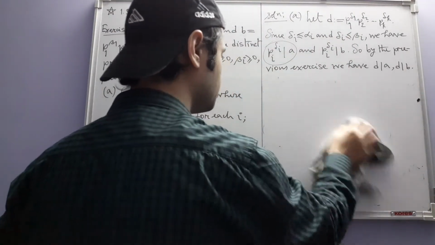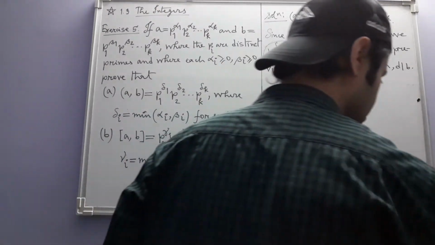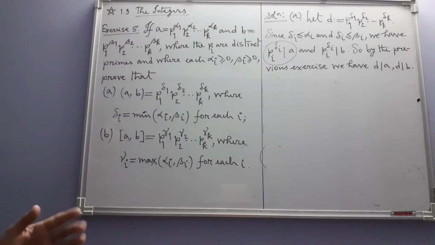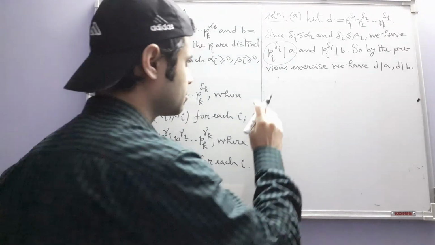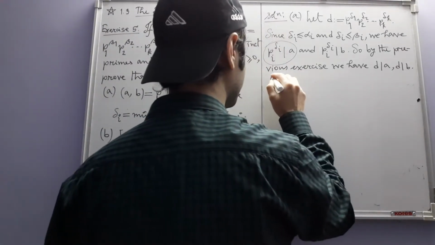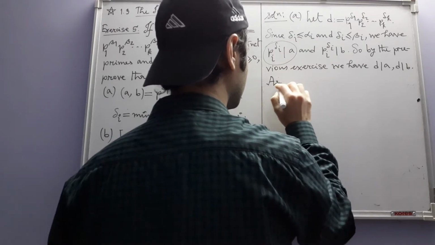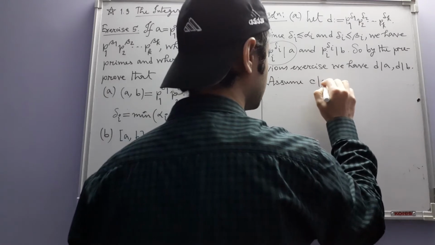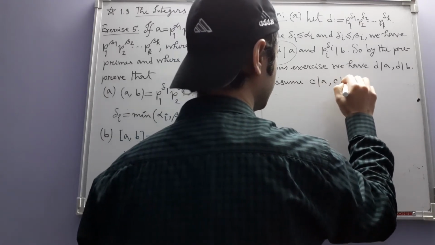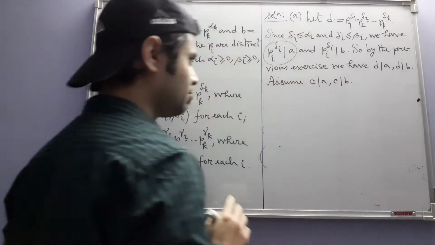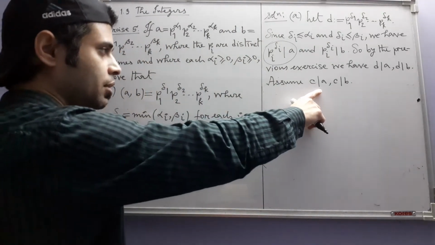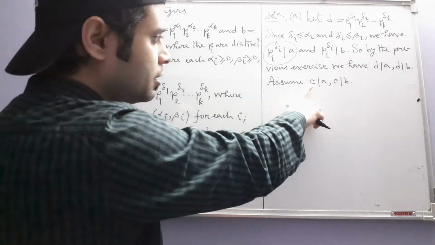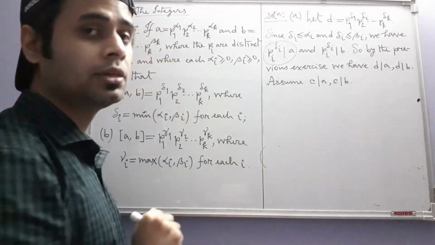Now next we have to show that if C is some integer which is a common divisor of A and B, then C divides D. So let's assume C divides A and C divides B. Whenever we see this relation, we have to understand that whatever appears on the left hand side of the vertical bar is a non-zero integer.